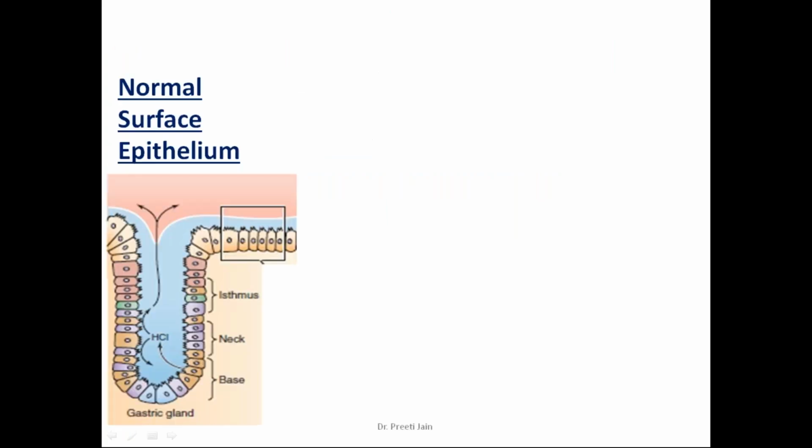Okay, see how it functions. This is showing you a normal surface epithelium, right? This is a normal surface epithelium, and this is showing a gastric gland. As you can see, it will be having the surface epithelial cells. Now just concentrate on the colors here.